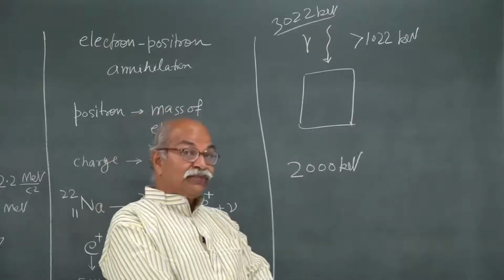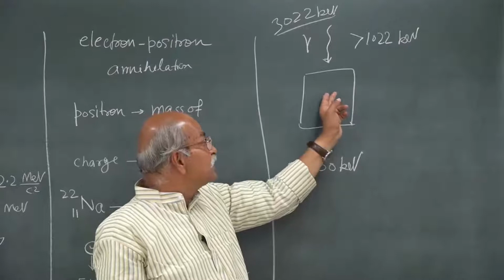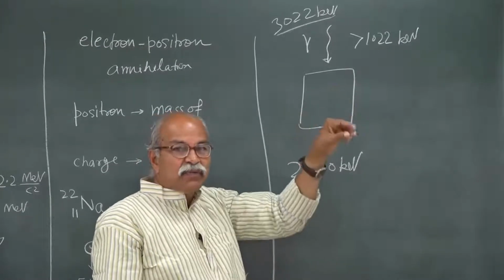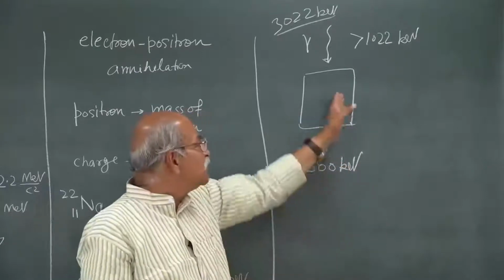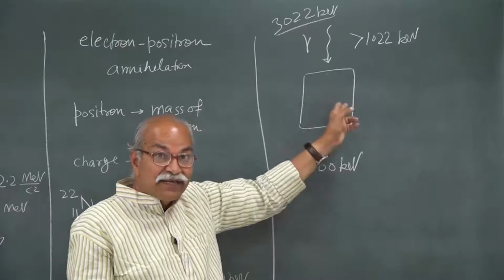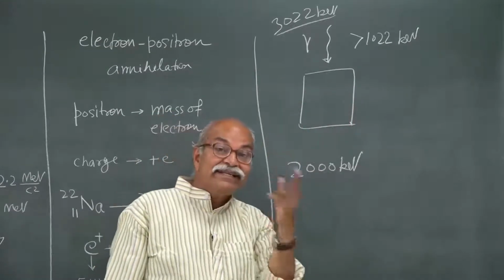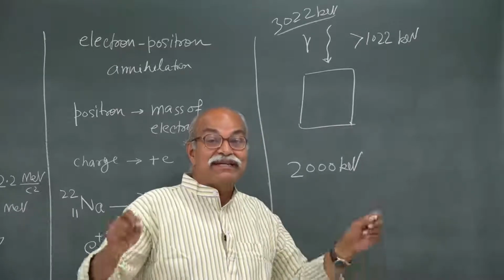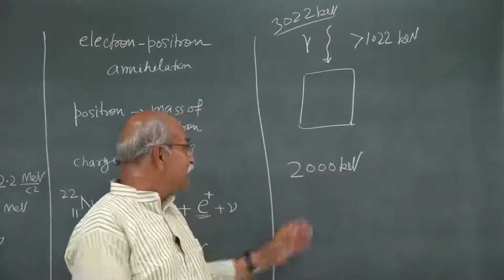And also the electrons and positrons which are created here, they will be moving in some direction, and this positron will ultimately meet some electron of this detecting material, and there it will again annihilate each other, and 511 keV gamma rays will be created, and those are detected in the system.